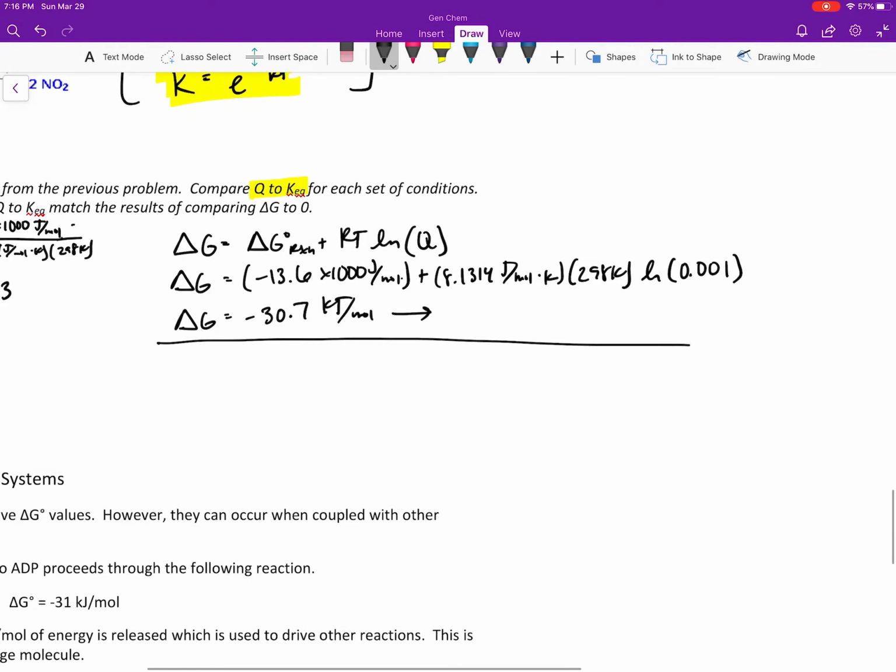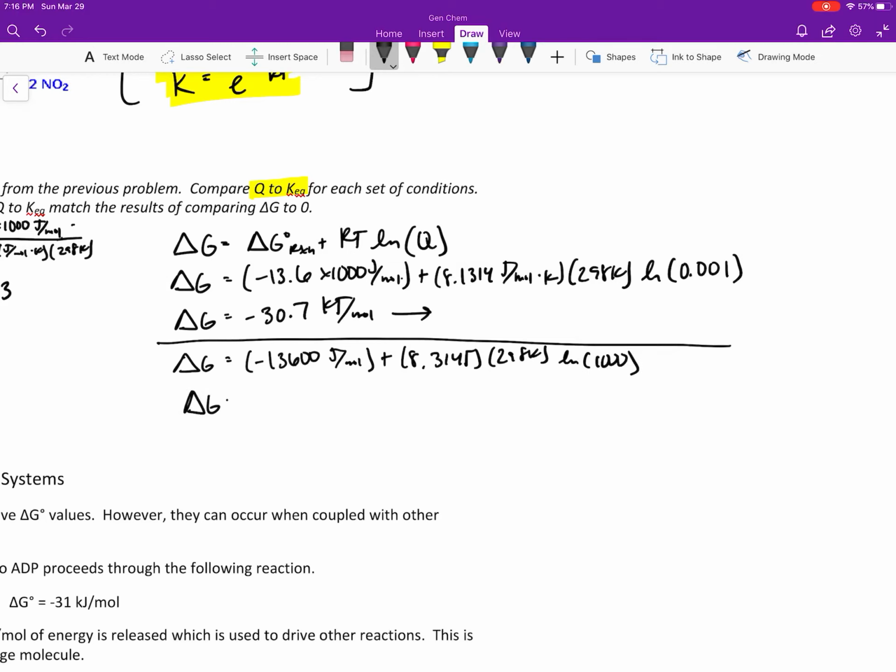If I do the same for the one that was Q is equal to 1,000, I'm going to get that delta G is equal to 3.52.